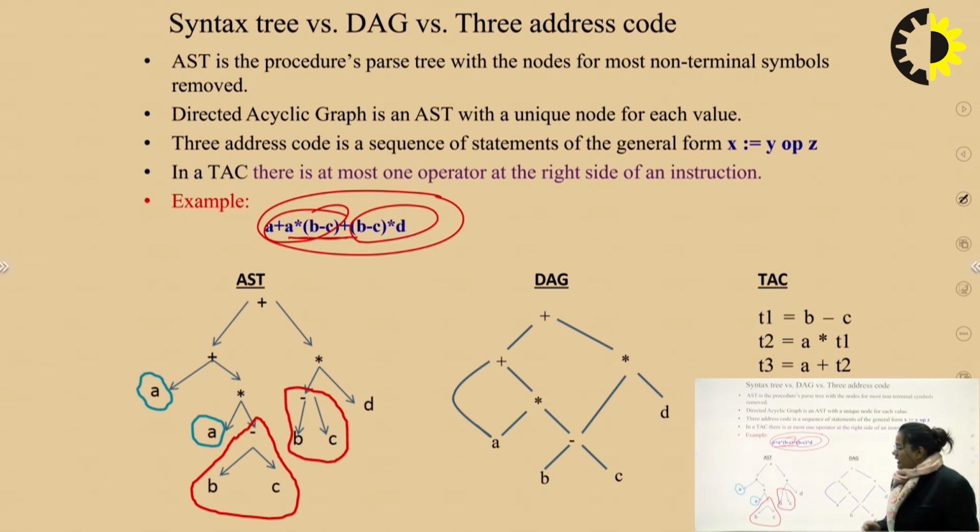Now, a plus a multiply b minus c and b minus c multiply d.